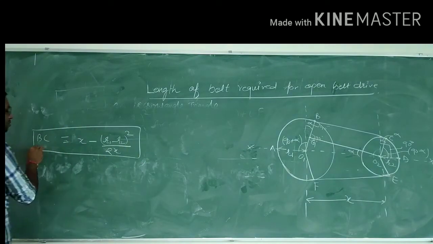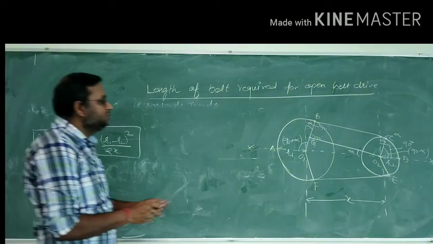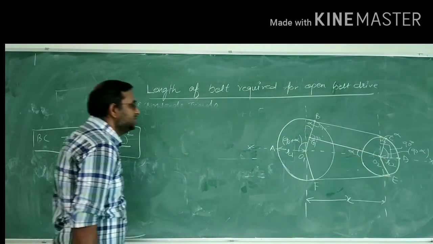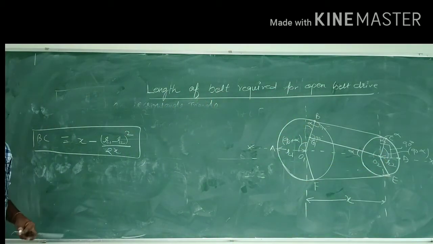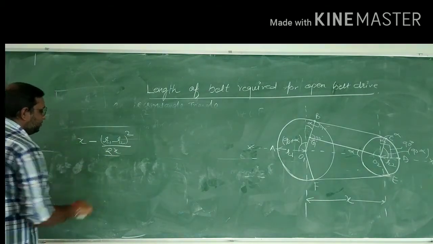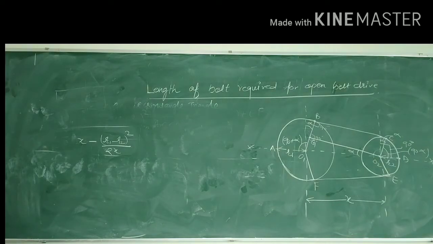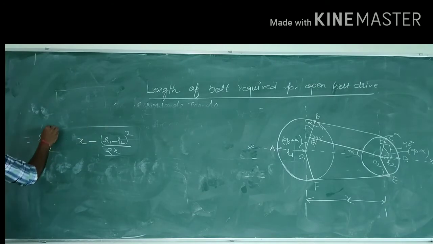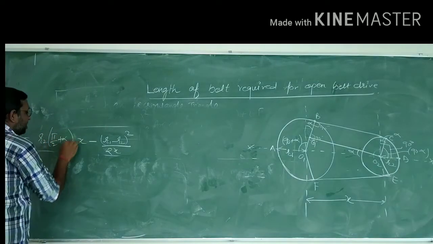So BC. Now we are having each term, meaning we are having the value of AB, the value of BC, and the value of CD. Now putting all these values in the equation. Let's say this is BC. What was the value of AB? It was R2 times 90 plus alpha.